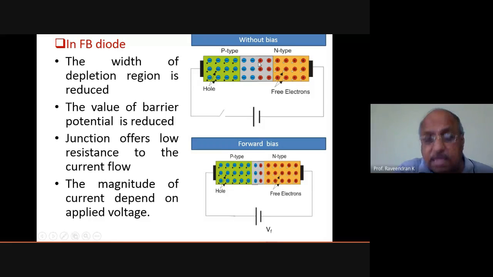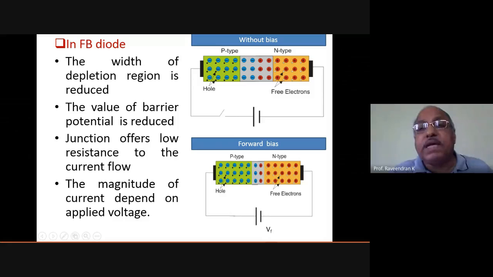If the voltage is further increased, then the current flow through this junction is also increased in accordance with the increase in voltage. So finally, when the voltage is increased above the space charge voltage or the barrier potential, there is effectively no barrier potential available.